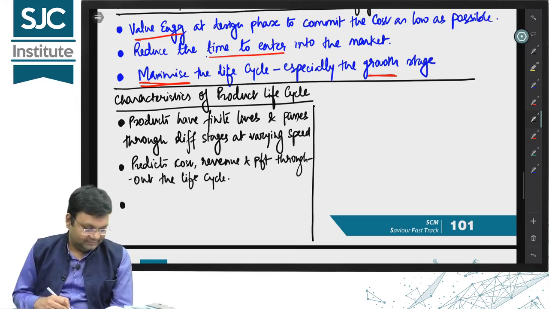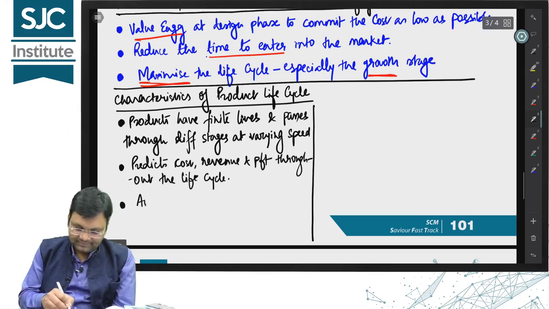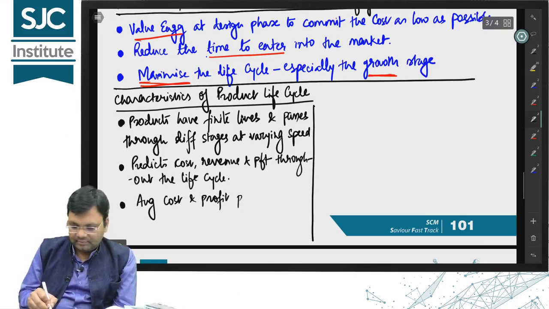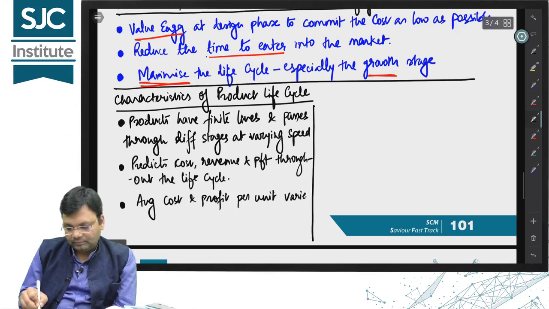Third, average cost and profit per unit varies throughout life cycle.